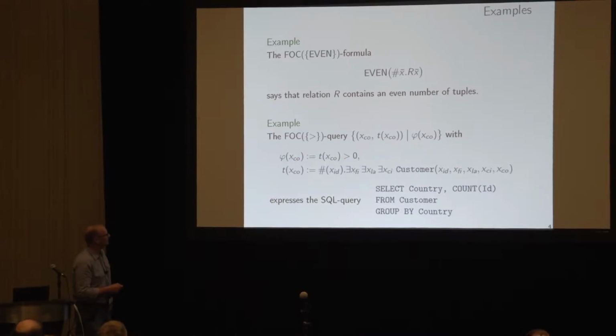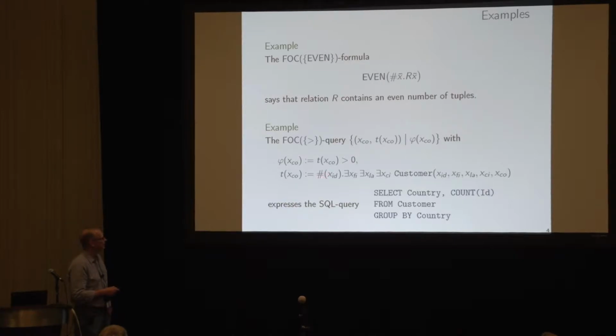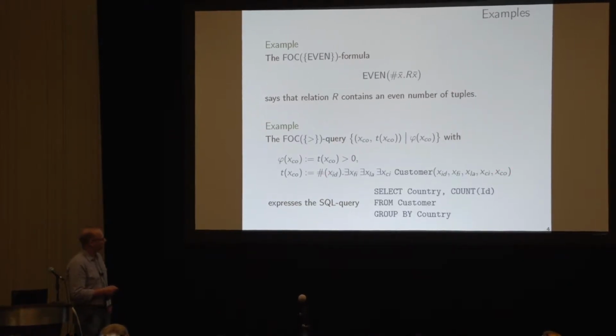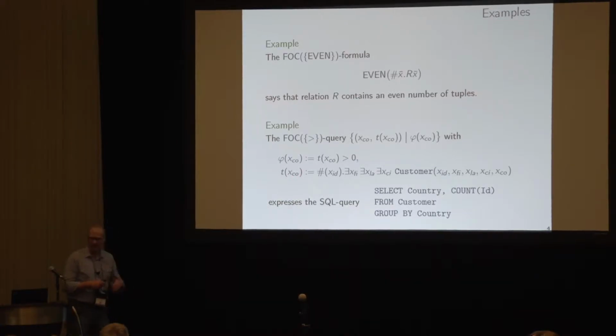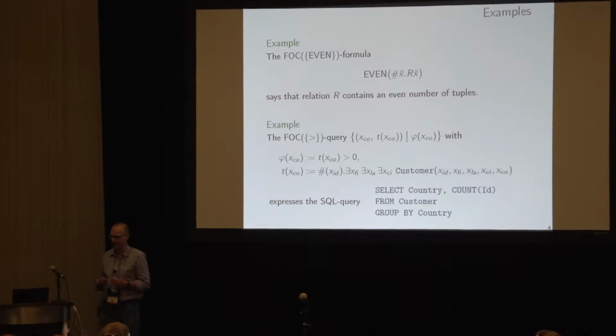This is in a way this grouping thing. We go over all customers for all countries which have at least one customer, and here we count the number of IDs for this country, which is a free variable. So things like this we can express in this logic.